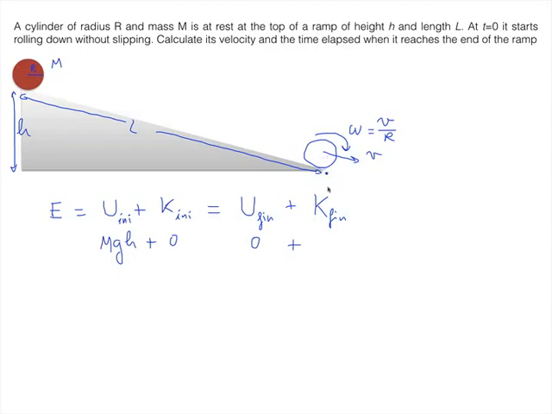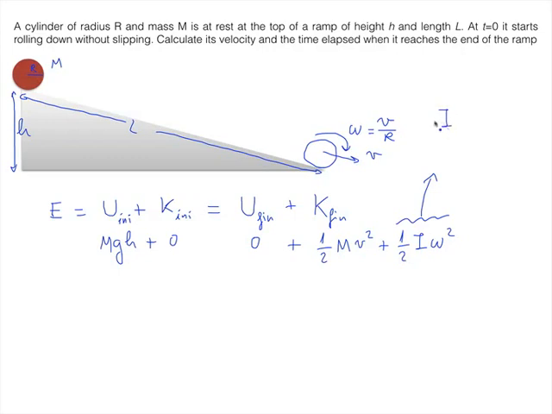The kinetic energy here will be the sum of two terms. One is the translation kinetic energy, which is 1/2 of m times v squared, plus the rotation kinetic energy, which is 1/2 times I, the moment of inertia of the cylinder, times omega squared. In this last term we have to take into account two things.